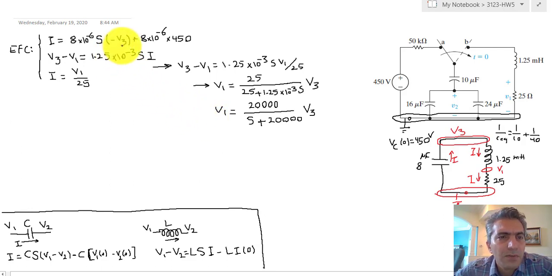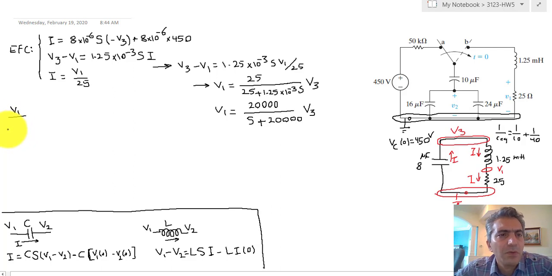So I can replace V3 with V1 times S plus 20,000 over 20,000. And on the other end, I can replace I with V1 divided by 25, and I get an equation that only includes V1.